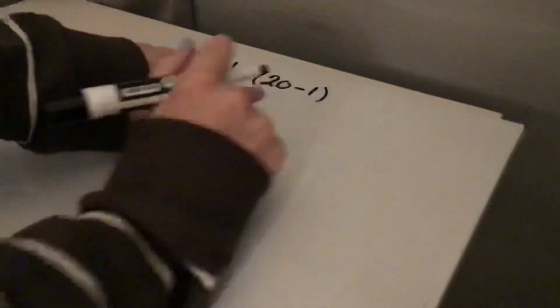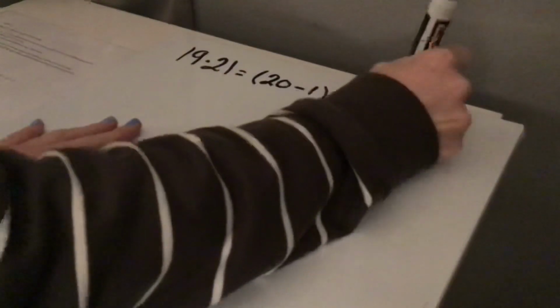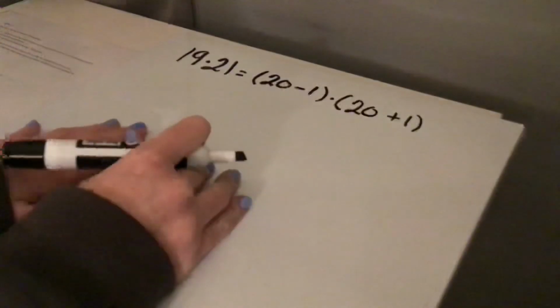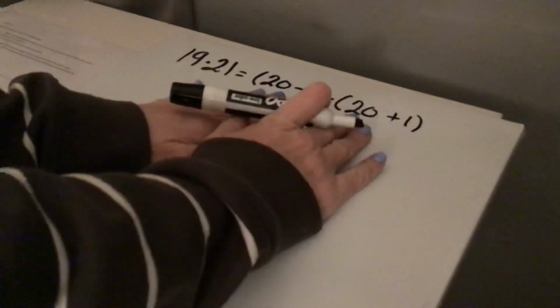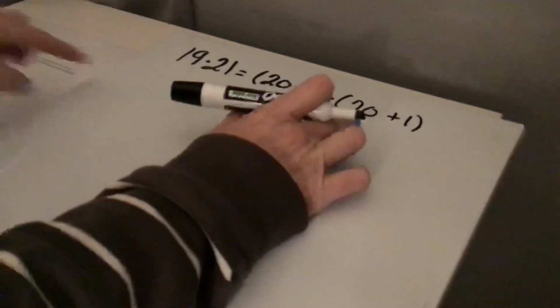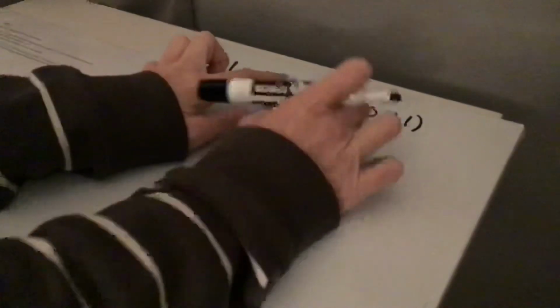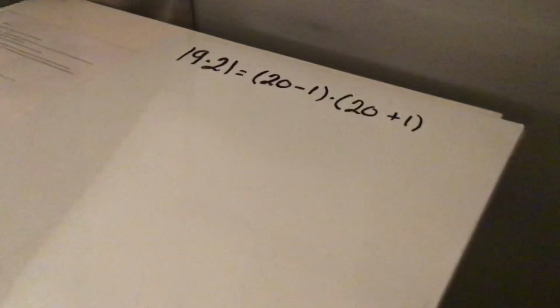So I notice that 19 and 21, I can get them both by rewriting. 19 is just 20 minus 1. These are numbers that are easy to work with, right? 20 and 1. And 21 is 20 plus 1. So this is 19 times 21, right? Just written differently. But now it's one of our special patterns. It's a sum and a difference. They're the same numbers, just being added and subtracted. Okay?